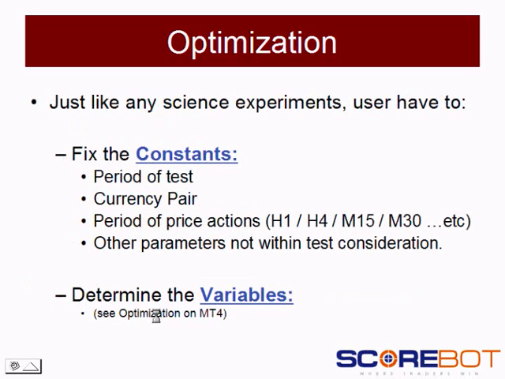As I mentioned just now, just like any science experiment, the user has to first of all define the test environment. We fix the constants, for example the period of test, for example from 1st January 2009 until end of April, the currency pair that you are testing, the period of your price action, i.e. whether it is a 1 hour chart, 4 hour chart, 15-minute chart or 30-minute chart, and so on.